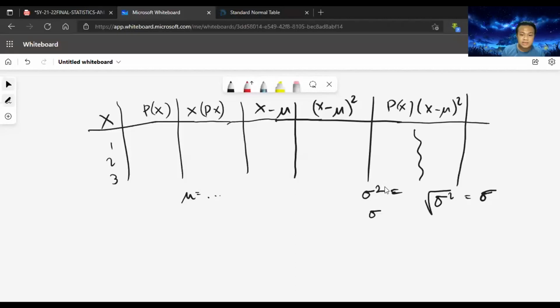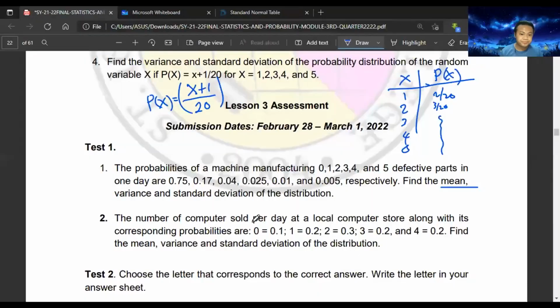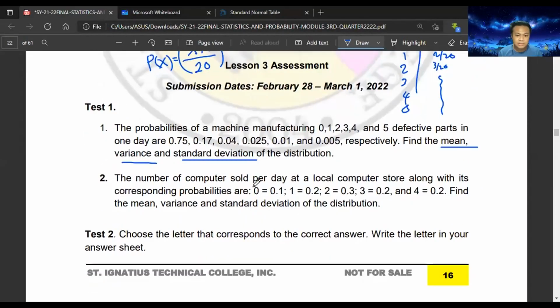Variance is sigma squared, standard deviation is sigma. Same as the variance and standard deviation of the distribution, same as number 2: mean, variance, SD.